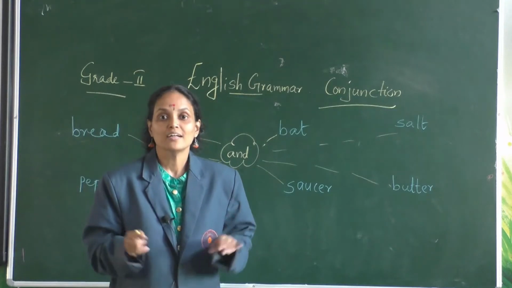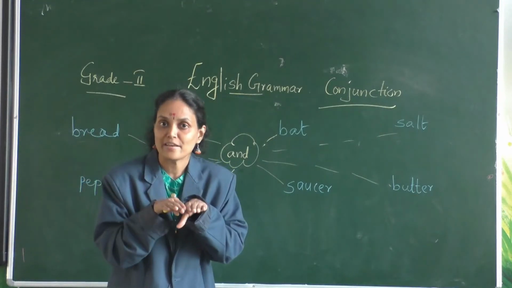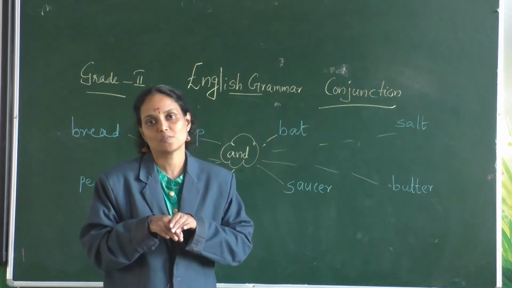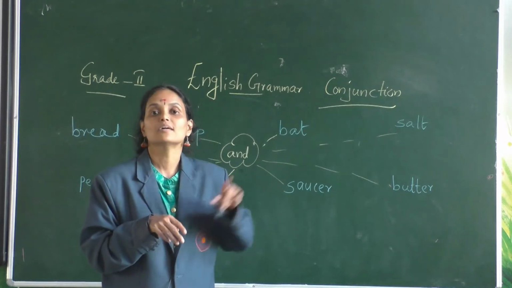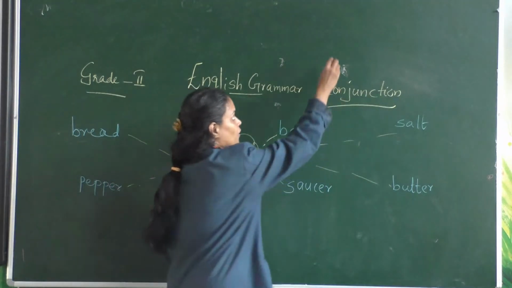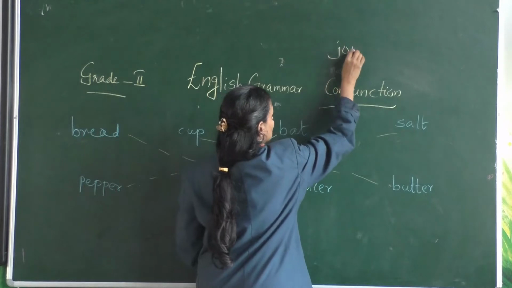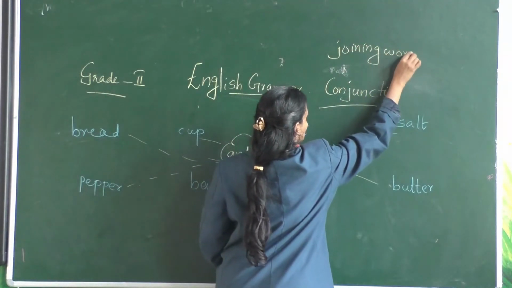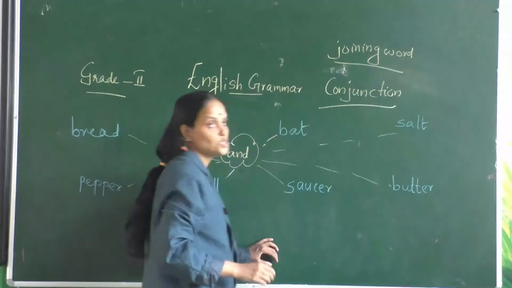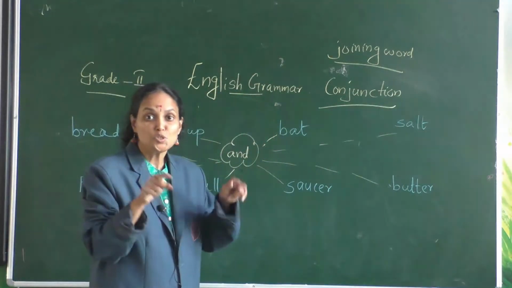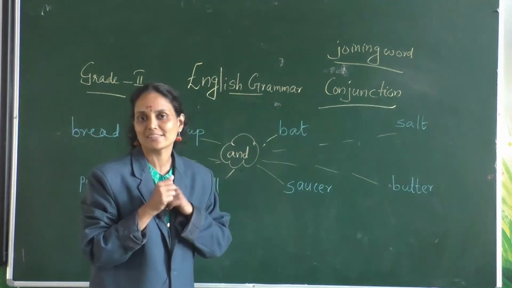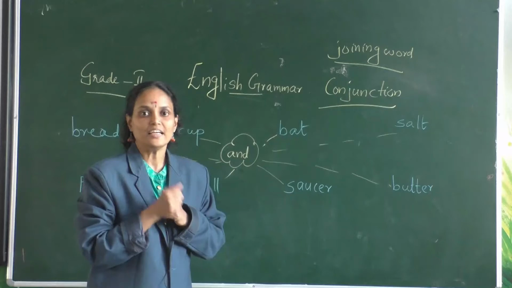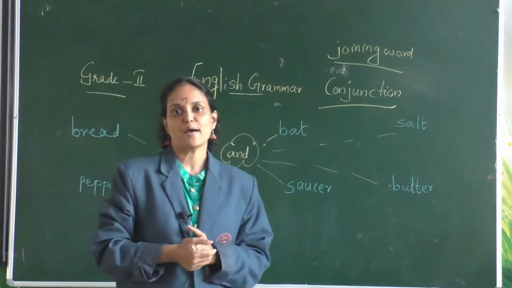A word that joins two sentences or two similar words is called a conjunction or joining word. Joining word. It joins two words or two sentences. Correct? Yes, let's move on to the examples.